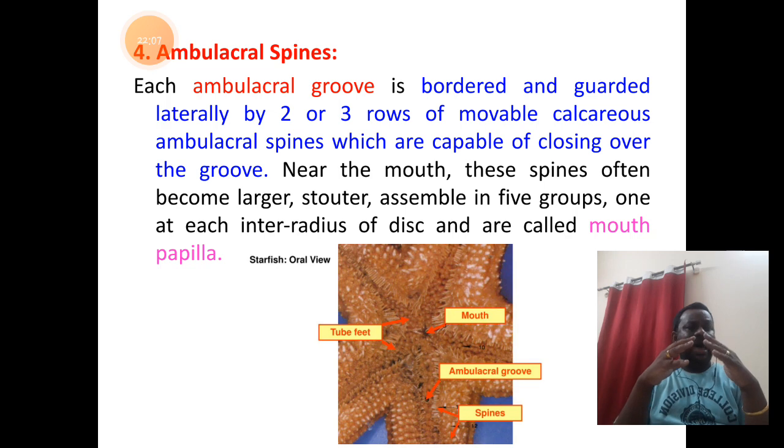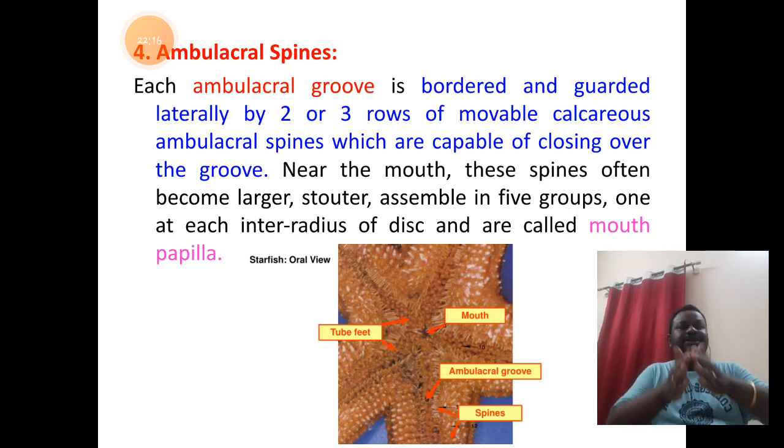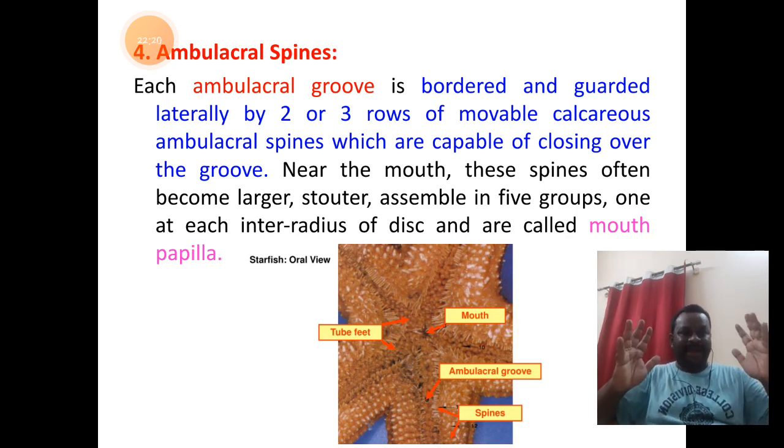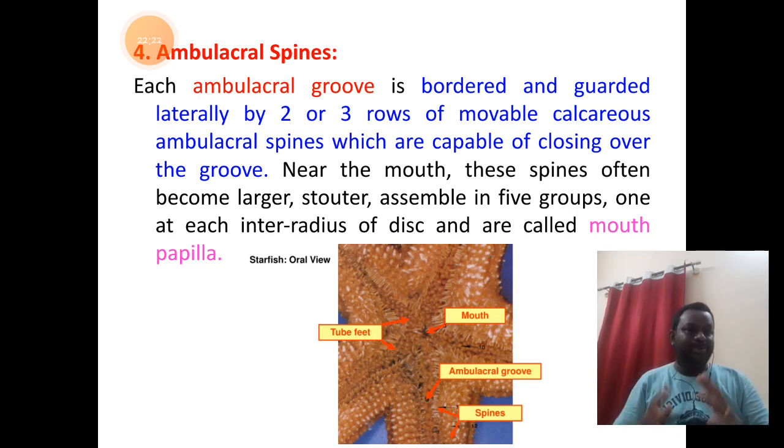So the ambulacral groove towards its lateral sides has 2 to 3 rows of spines which are calcareous and movable, which helps in the guarding of the groove within.